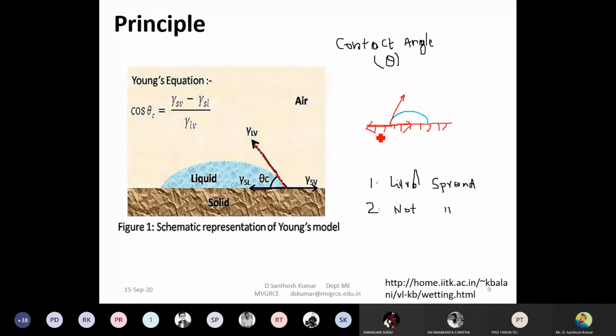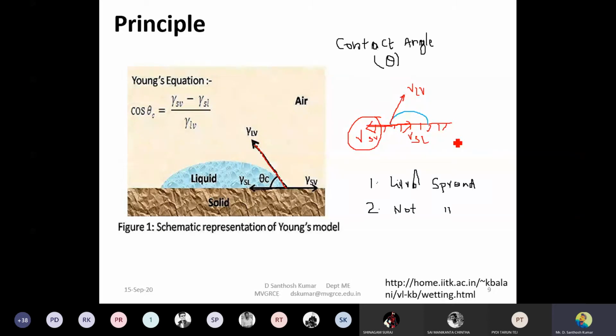This is the gamma liquid and vapor, here is gamma solid and liquid, and this is gamma solid and vapor. So gamma solid and vapor will balance these two. You can simply apply the balance equation here.